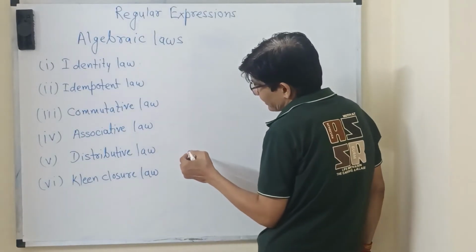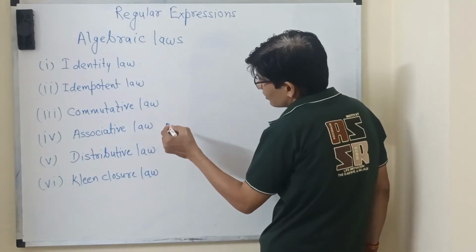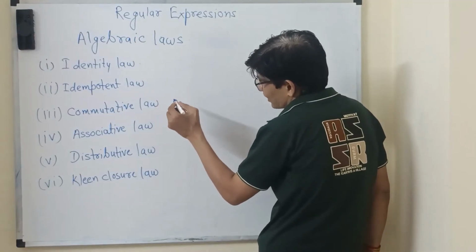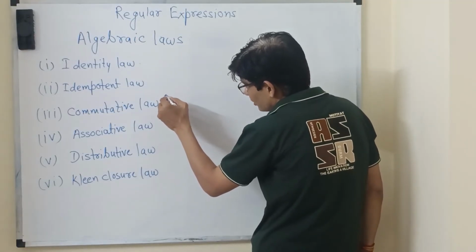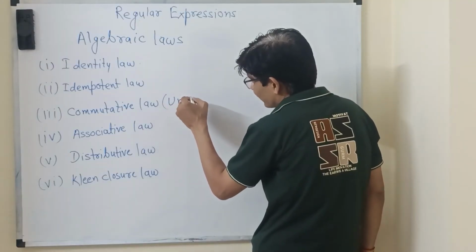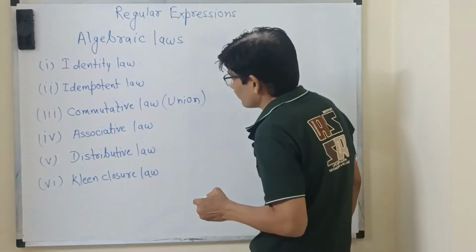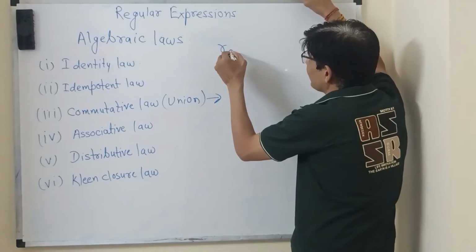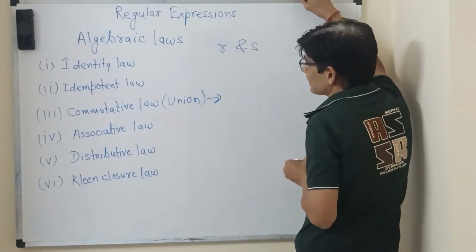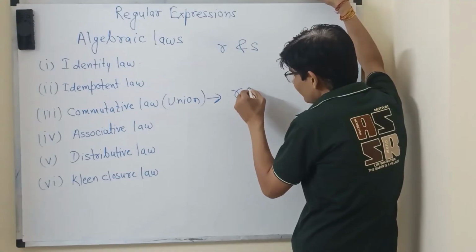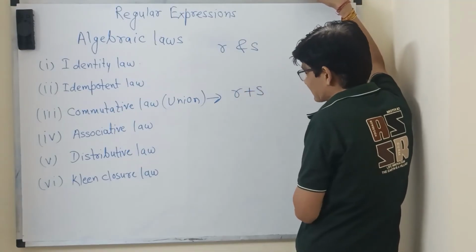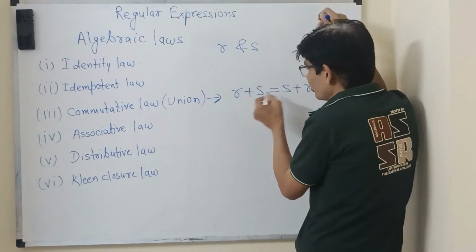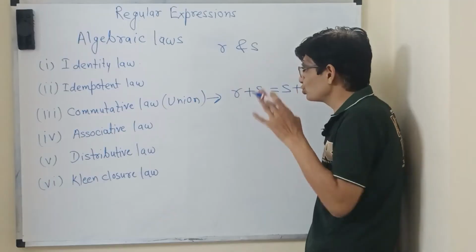Now the third law is the commutative law. It is true for the union operation only. You can see here, if R and S are two regular expressions, then R plus S will be equal to S plus R, because on both sides we have two choices.